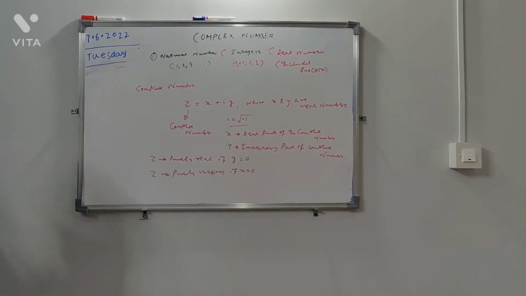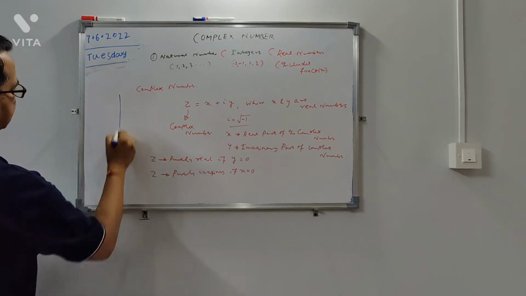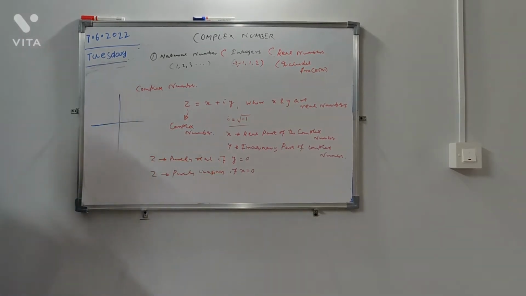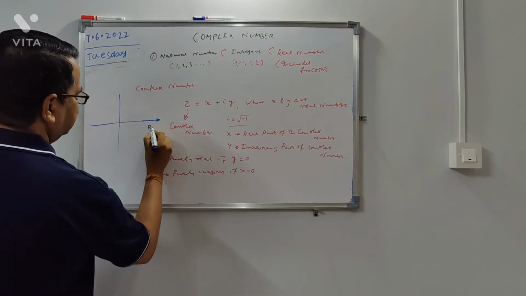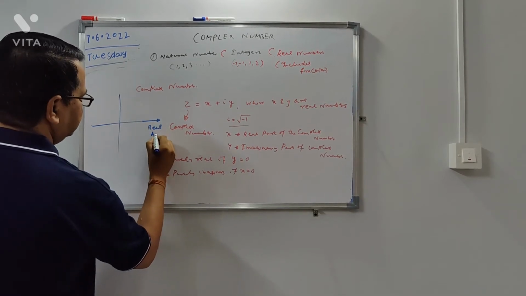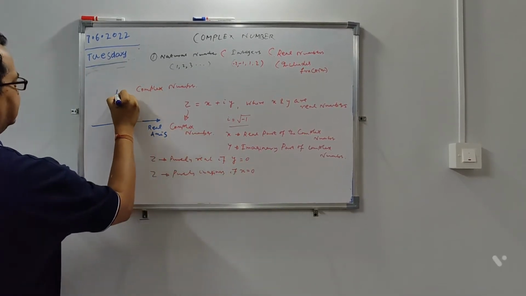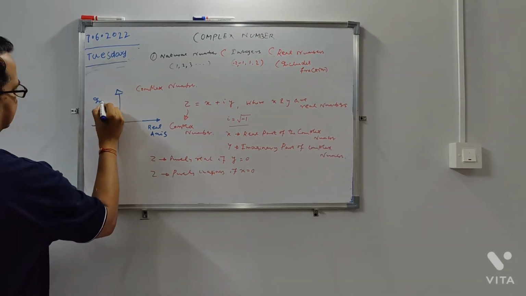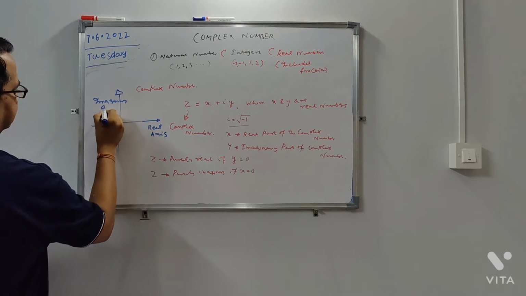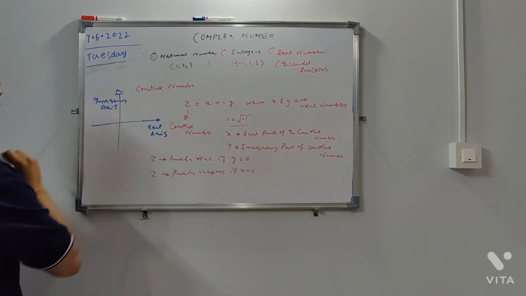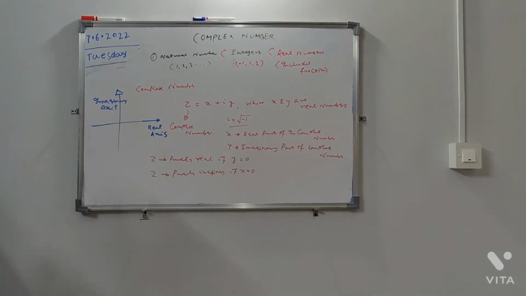Okay, so let us say I have two axes. This axis is my real axis. This axis is my imaginary axis.